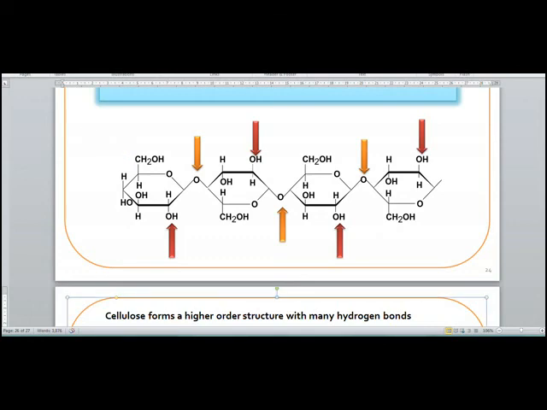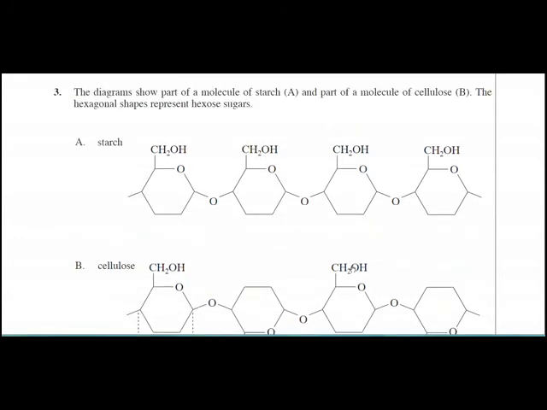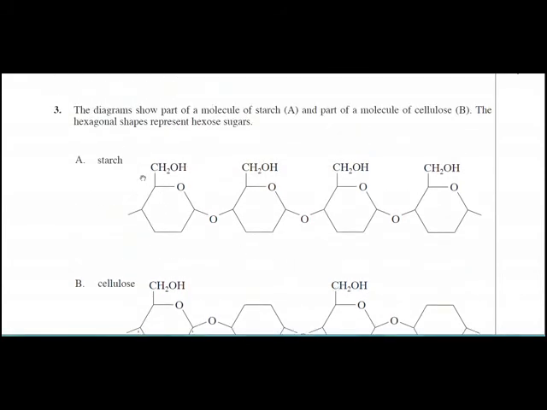But if I flip back now to the exam question, you can see that the examiner has actually used an abbreviated version of the beta-glucose monomer, and indeed that of the alpha-glucose monomer, which is found in starch.